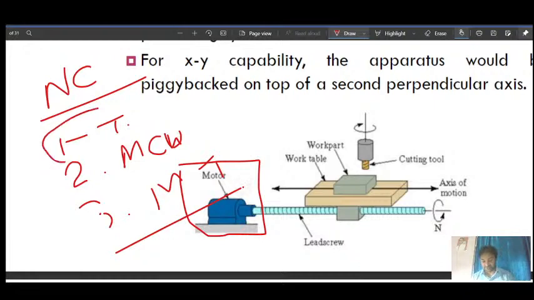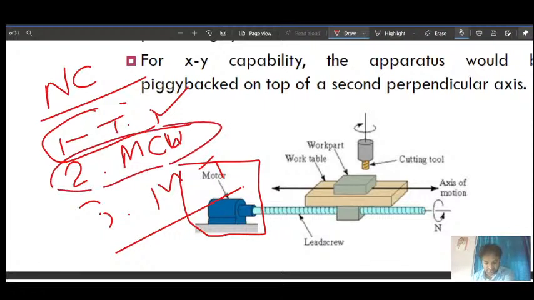So we have studied earlier tape reader and then machine control unit. So it is here merging. We are merging here machine control unit with the machine tool.